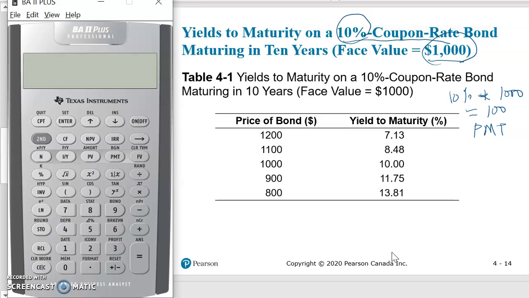One point to keep in mind is that the calculator always assumes an investment outcome perspective, meaning that you are investing or purchasing, therefore money going out, and it will have a negative sign, and then you receive, therefore money coming in, which is a positive sign.